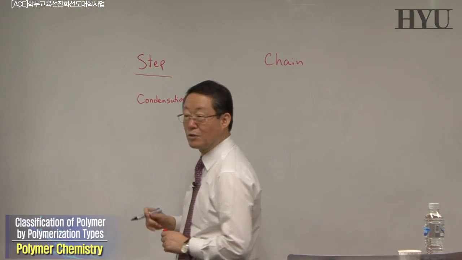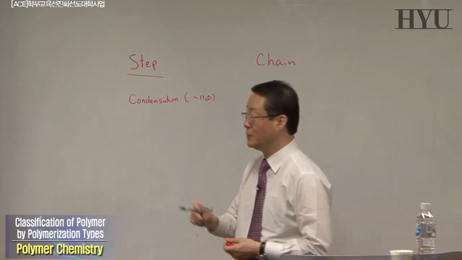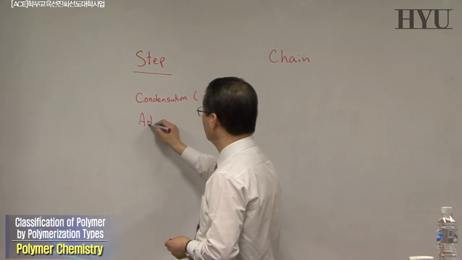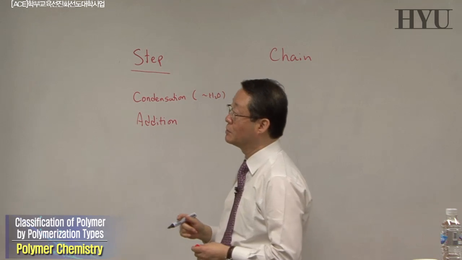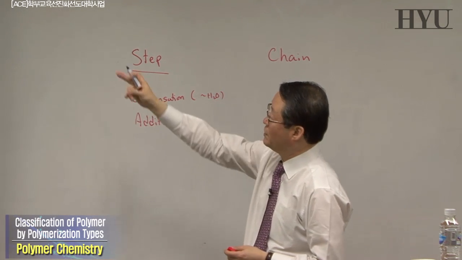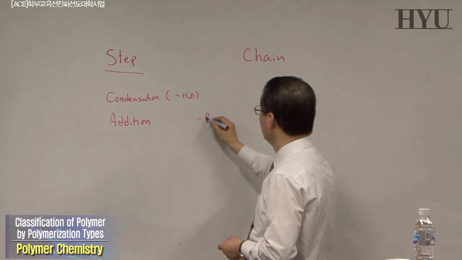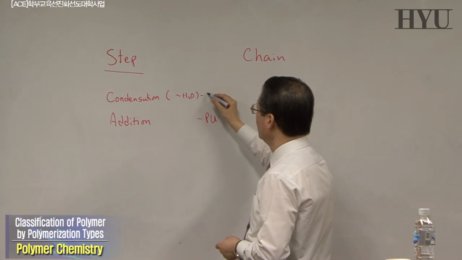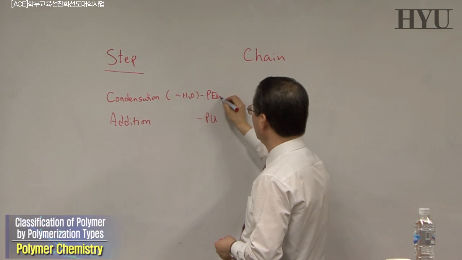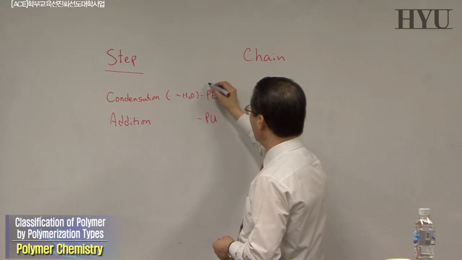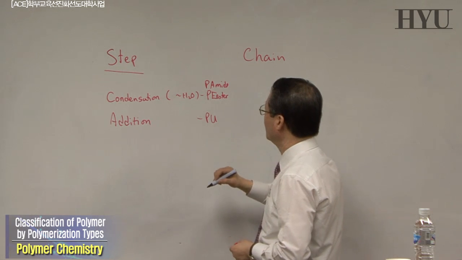In the case of step growth polymerization, we also have addition polymerization reactions without any byproduct, such as the case in the polyurethanes. In this case, we could have a polyester or polyamide, and so on.